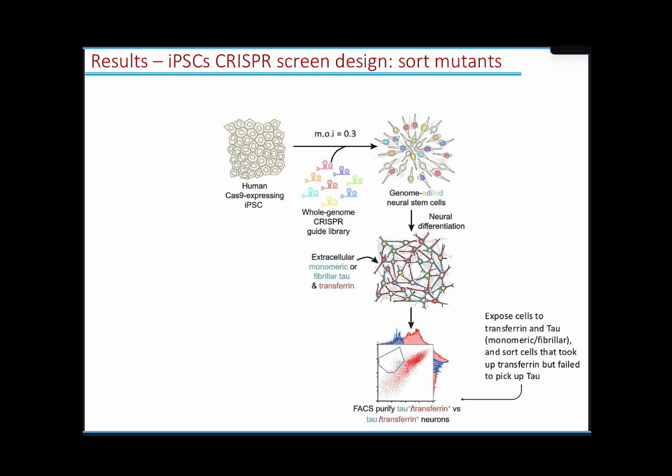Okay? And how do they know when cells are uptaking transferrin and tau or either or? By looking at the fluorescence that tau and transferrin carry with them. So these are fluorescently labeled tau or transferrin. Transferrin shows up in the red channel, tau is showing up in the green channel, and essentially they look at fluorescence in both axes.